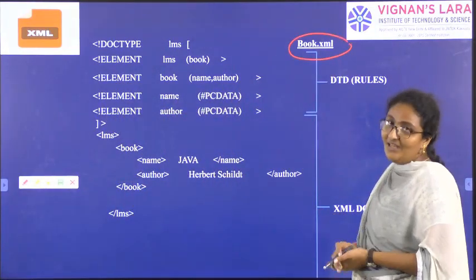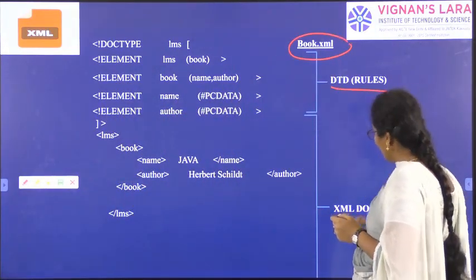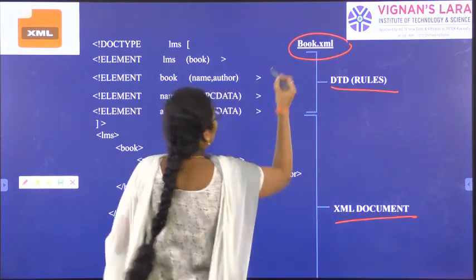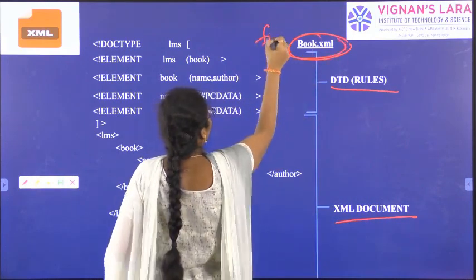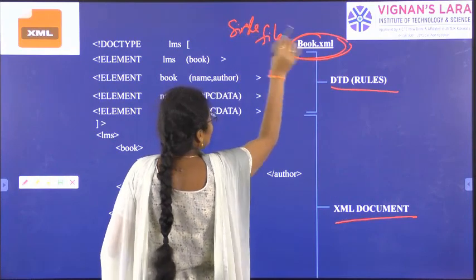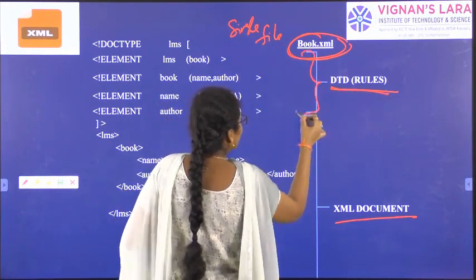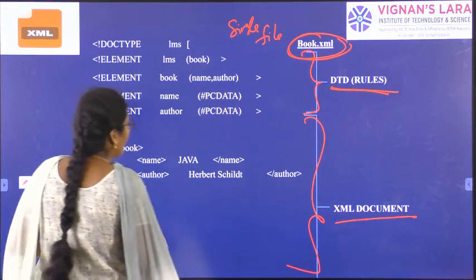So book.xml is the single file. In this single file we have DTD rules and we have the XML document also.